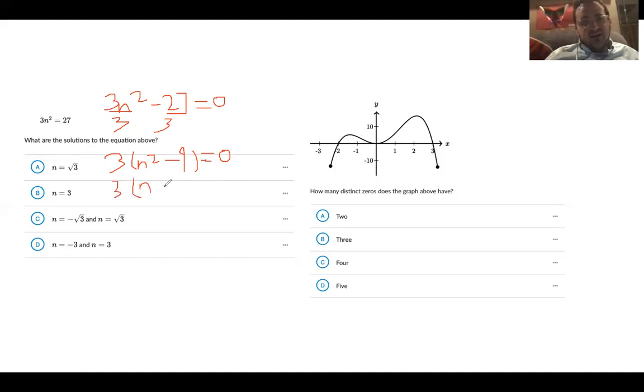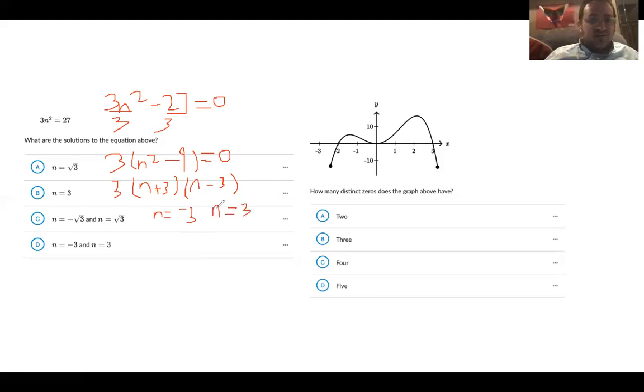This would be an n times an n, and the square root of 9 is 3, so we put this in the format of a plus 3 and a minus 3. It turns out that I get n equals negative 3 or n equals positive 3.